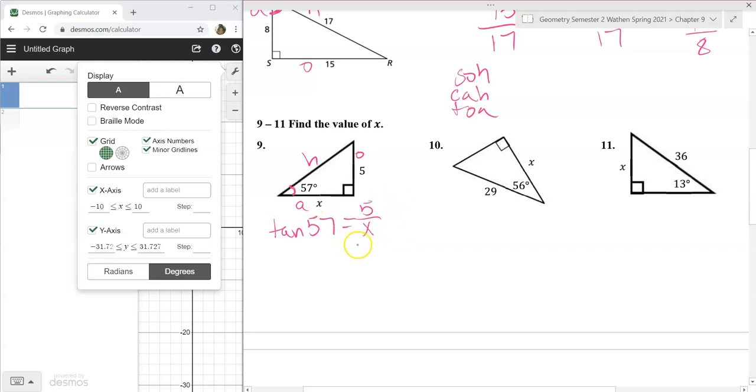We're going to start by moving our x out of the denominator, because when x is in the denominator, we can't really solve that way, right? And then we can divide by the tangent of 57 on both sides to get x by itself.